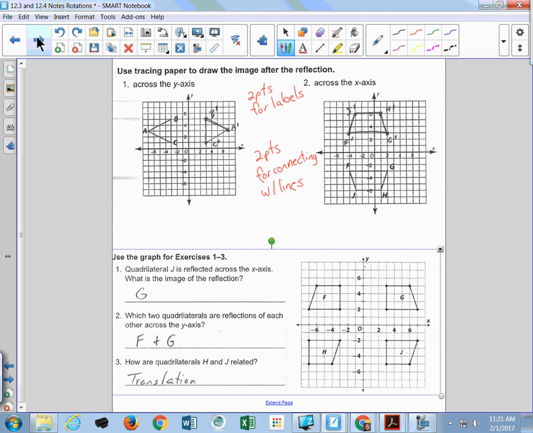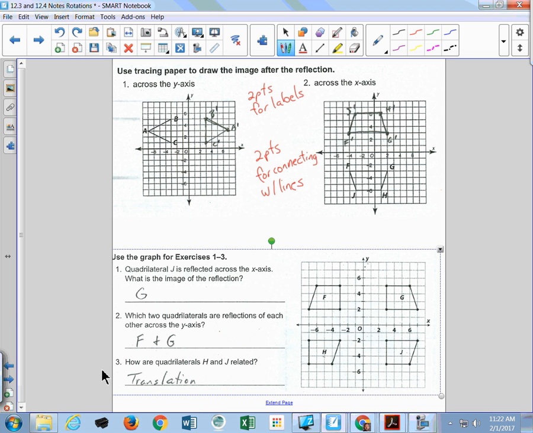On the first page, on 1 and 2, you had to draw the reflection. If they didn't put their labels, it's 2 points off for the labels, and 2 points for not connecting the lines. Otherwise, if they didn't do it right, it's just an X. So that's 1 and 2 on the front. On the back of that page, at the top, 1 through 3, those are your answers.